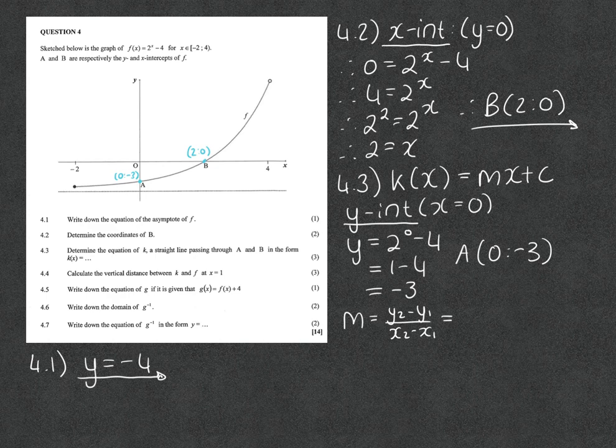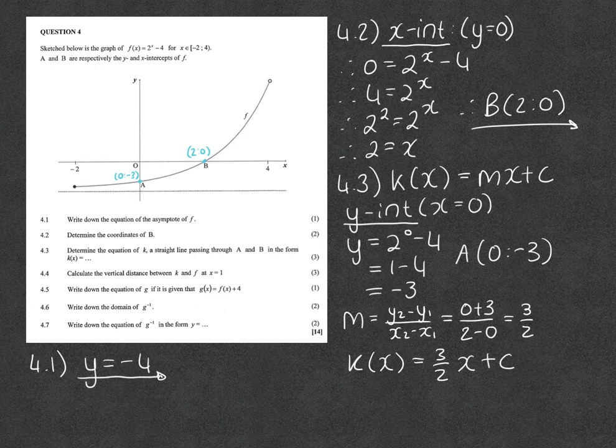So it's going to be 0 plus 3 over 2 minus 0, which gives me 3 over 2. That looks right: the gradient is positive, and I got a positive one as a result. So we've got k of x equals 3 over 2 x plus c.